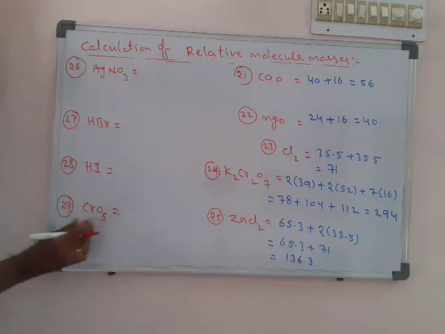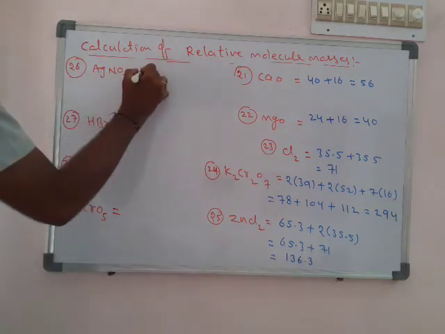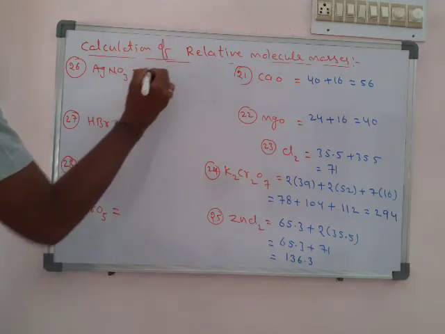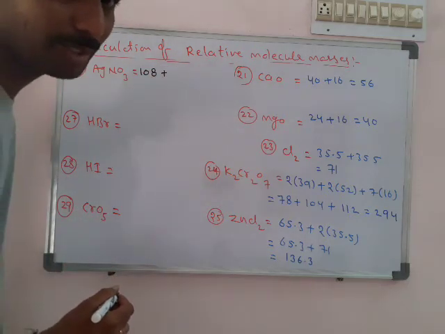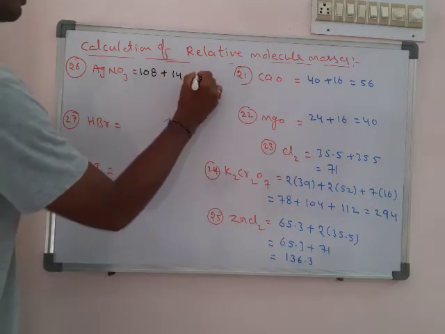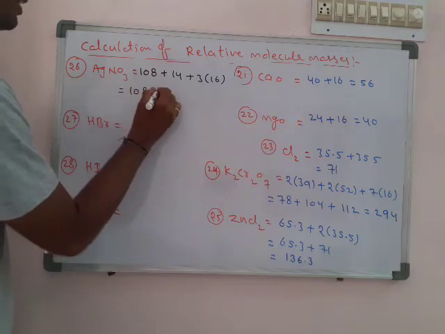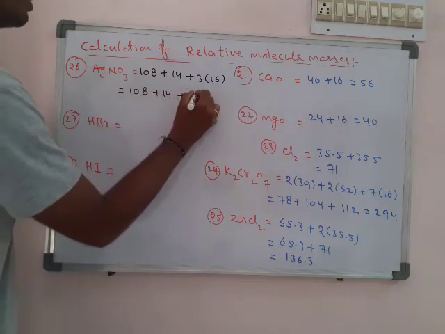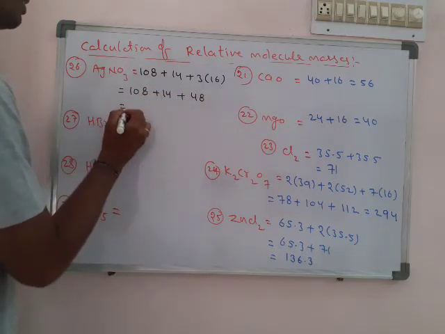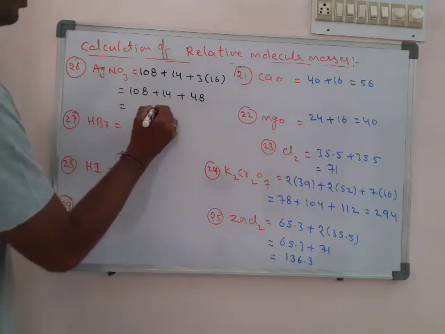Next, chromium peroxide. This is called chromium peroxide. Do them. So silver, what is the silver mean? Just remember 108. You know what is 108 number? 108. Nitrogen 14. This is 3 into 16. 108 plus 14 plus 48. How much will you get? 8, 4. 8 is 16, 4.